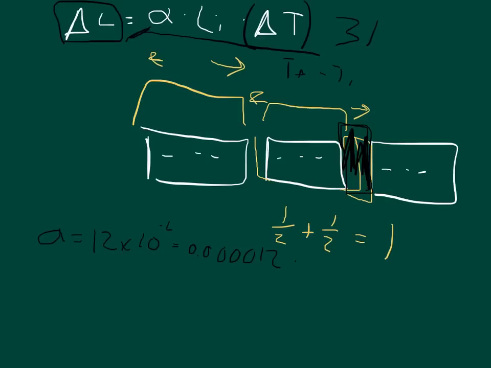And so you multiply that by the 22 meters, and you multiply that by the 31 degree change, and the answer you'll get is going to be in meters. So 0.008556 meters. The answer it asks for is in centimeters, so you just multiply this by 100, you move the decimal over 2 places, and you get 0.8556 centimeters.